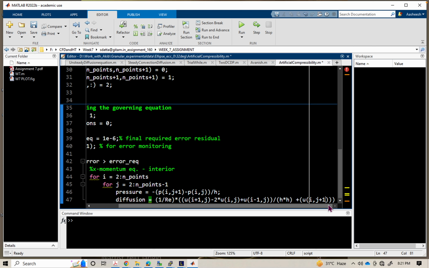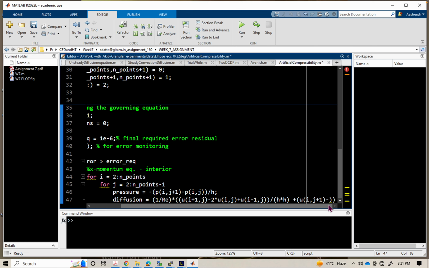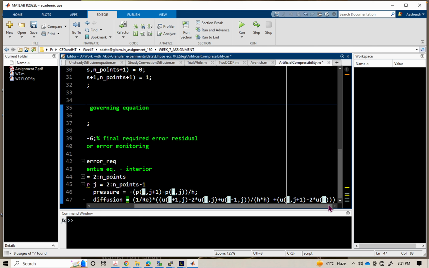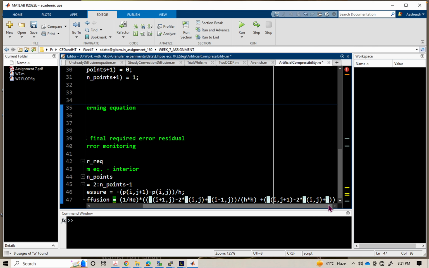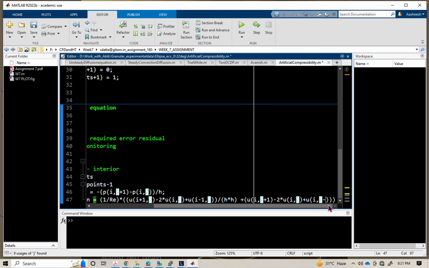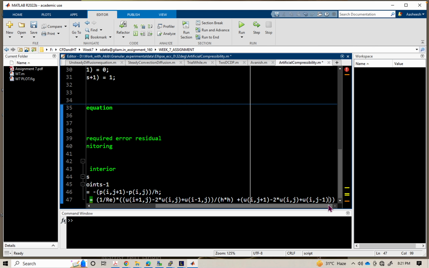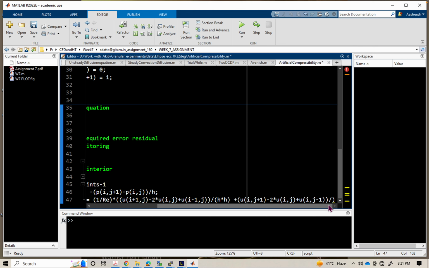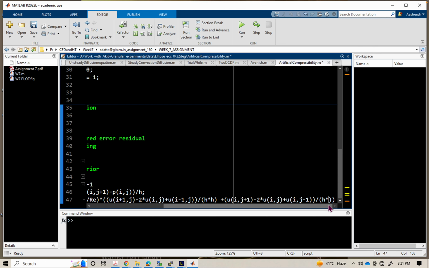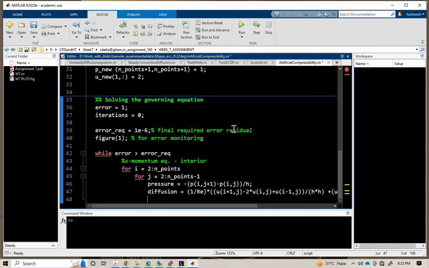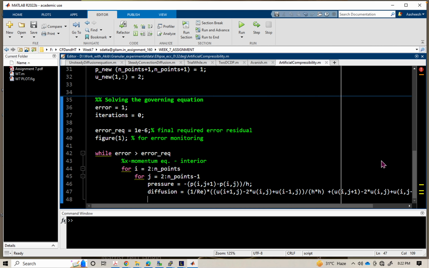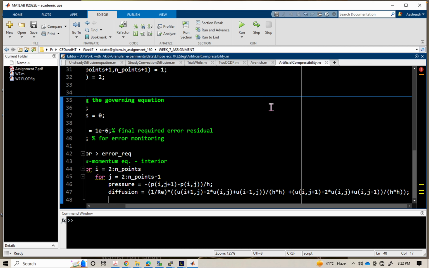For the y, this is a bit large, so yeah, one can see the diffusion term.